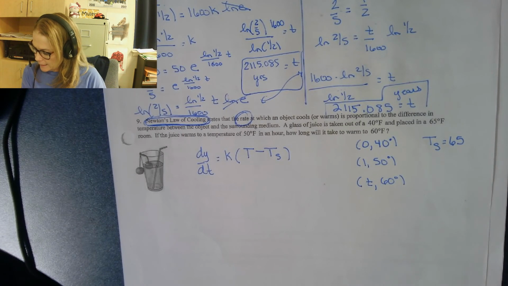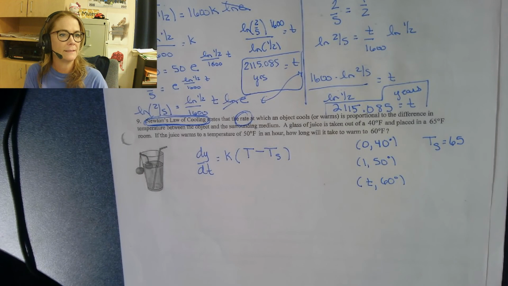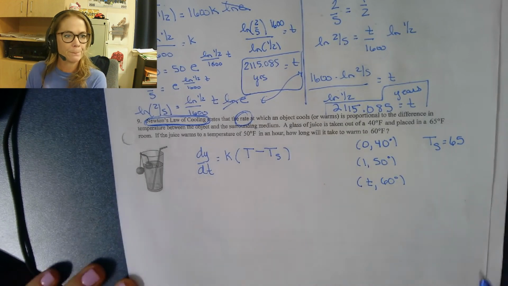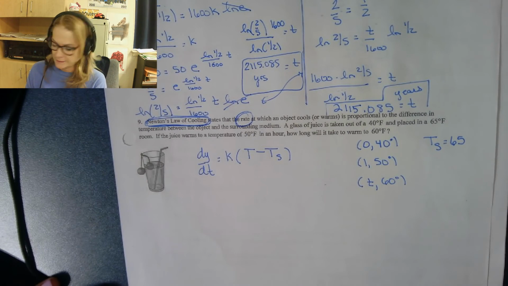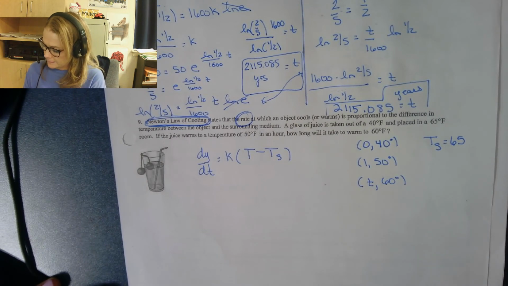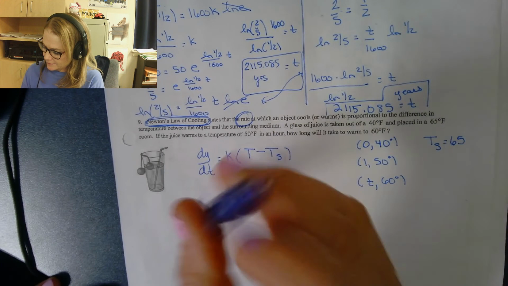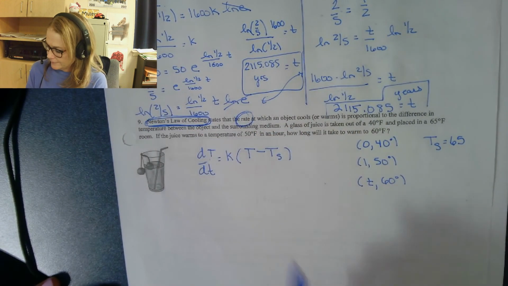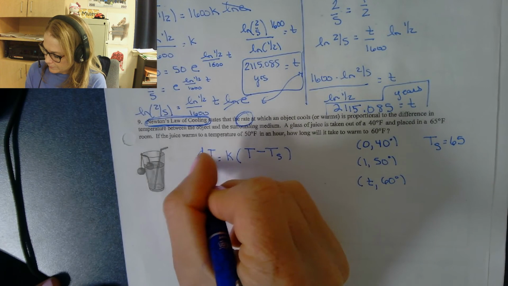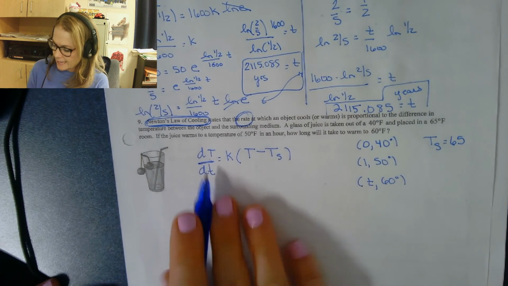Okay, so let's see what we can do with this formula. Let's separate those variables. We're talking about time and temperature.